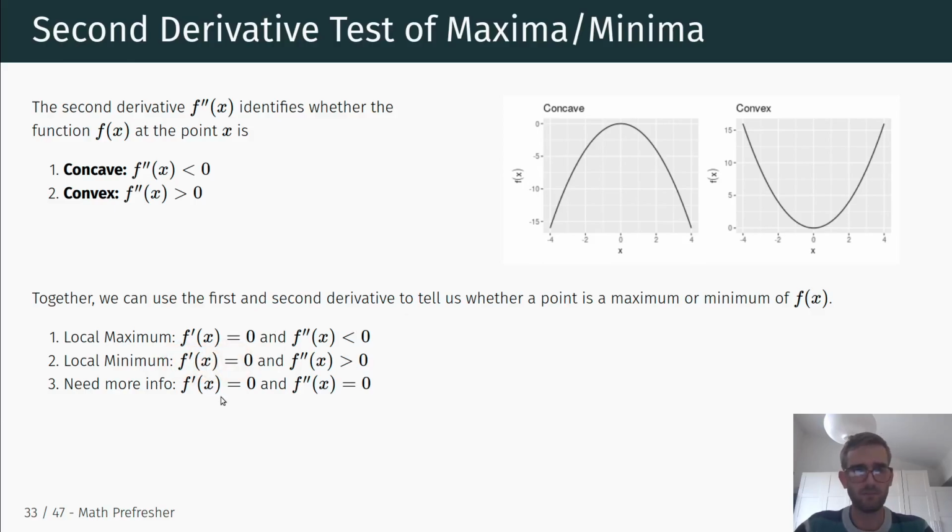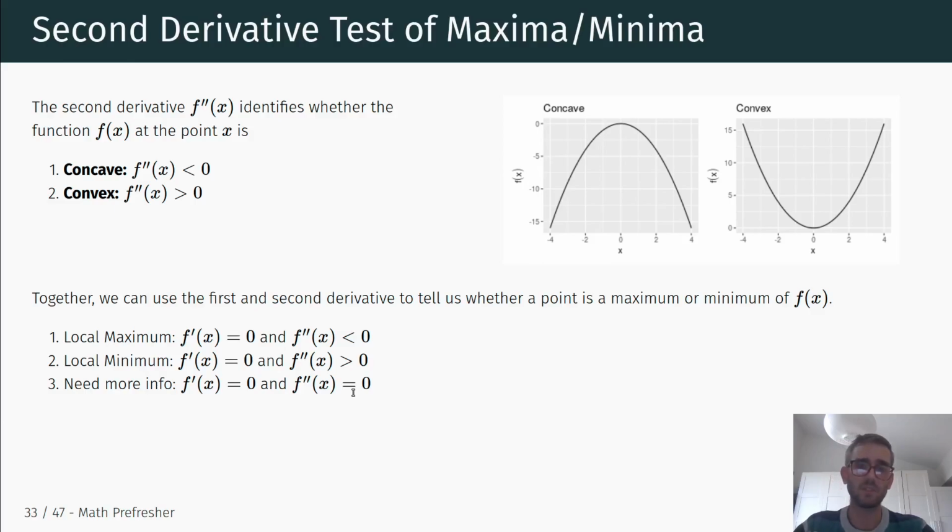What happens if f prime of x is equal to 0 and f double prime of x is equal to 0? Then we need more information, because it could still be one of those other critical points that I mentioned on the previous slides.